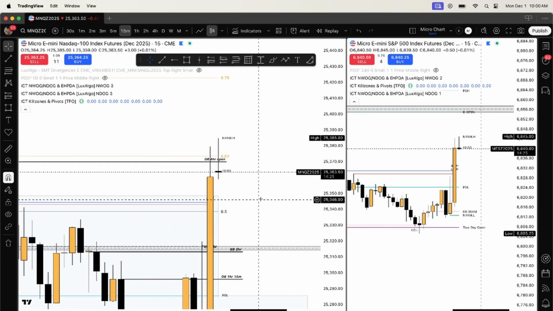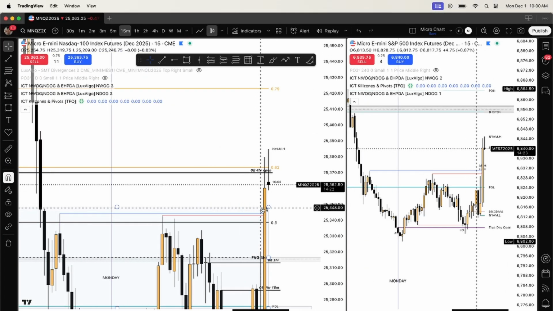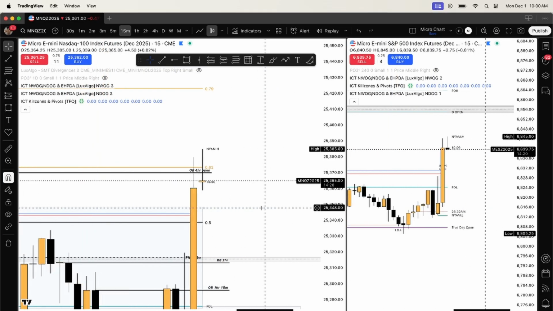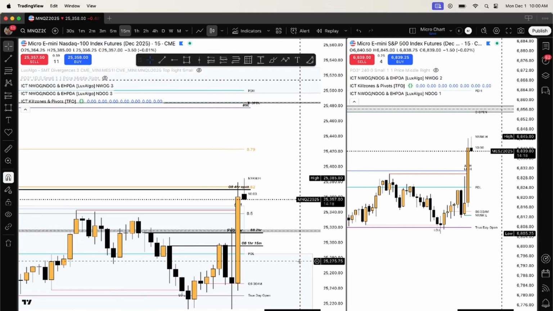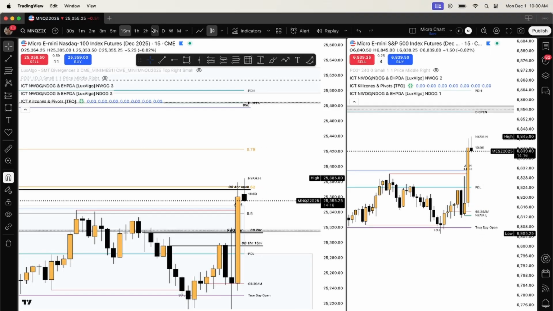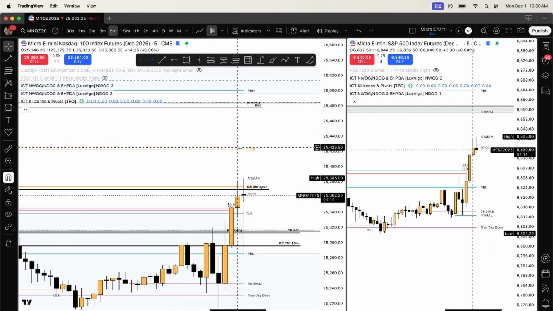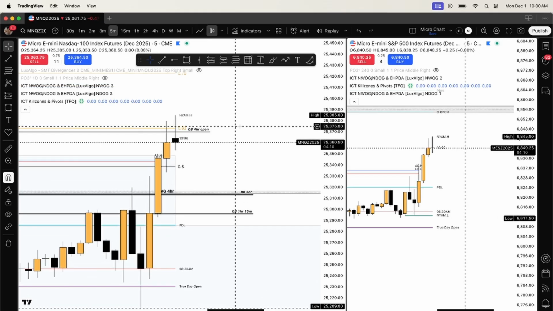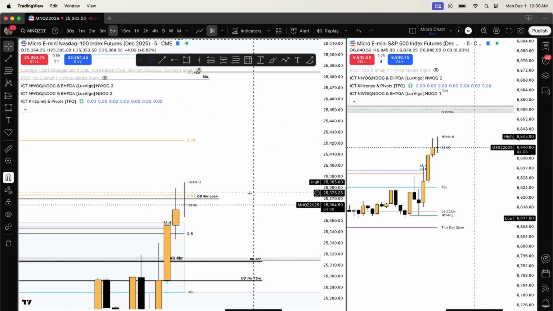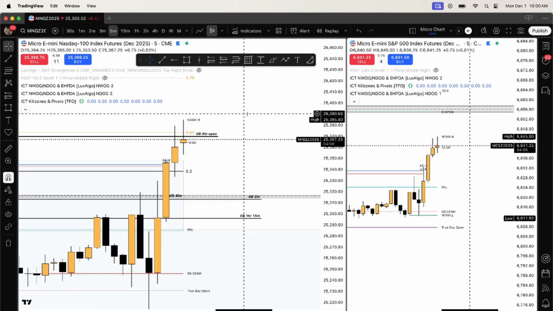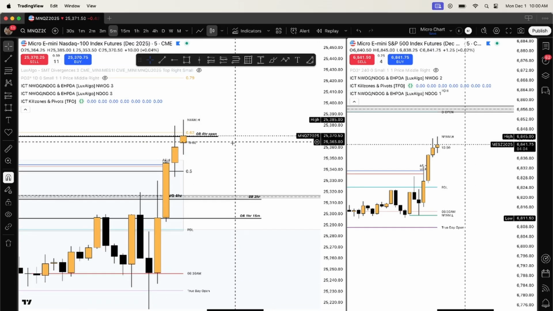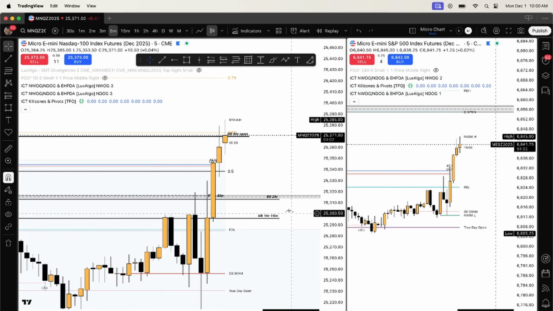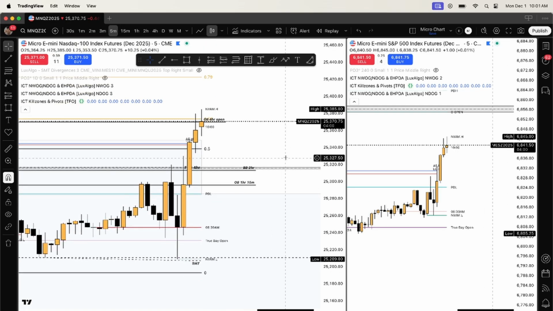Alright, 10 a.m. just came and we just tapped into this 4 hour order block as well as premium of this entire range. I'm looking for price to go down and see if we can get some sort of retracement to continue our way bullish after we push our way down maybe into this order block or fair value gap.